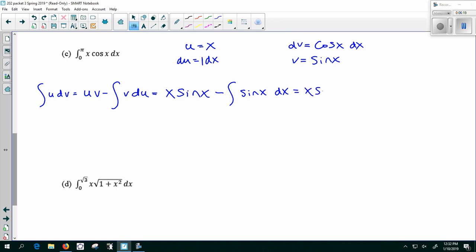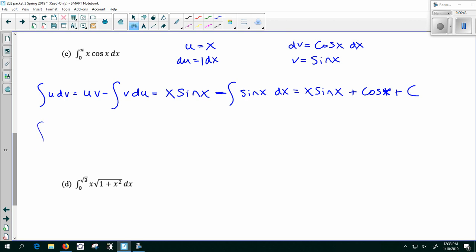So this is x sine x. The antiderivative of sine is negative cosine. So I have this negative sign here already, and then I'm going to have a negative cosine, so this becomes plus cosine x. Plus c. So that's the general antiderivative, but this is a definite integral.